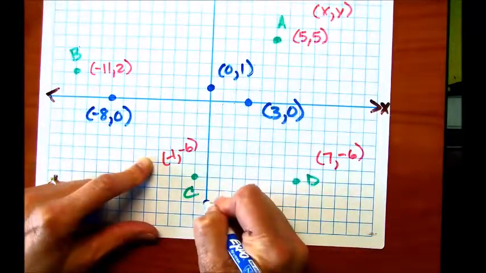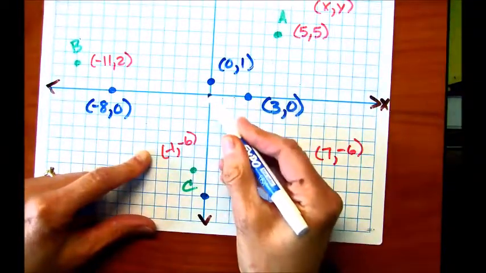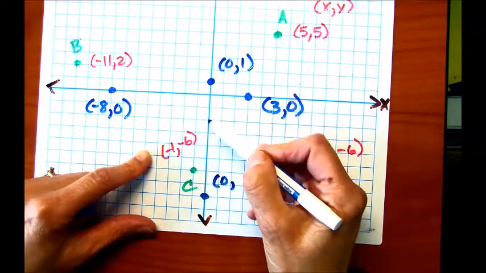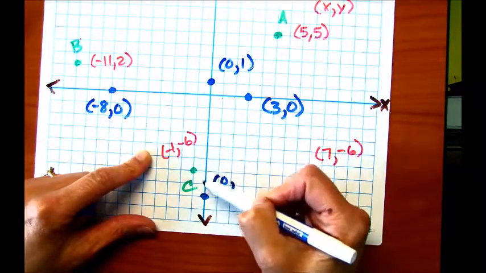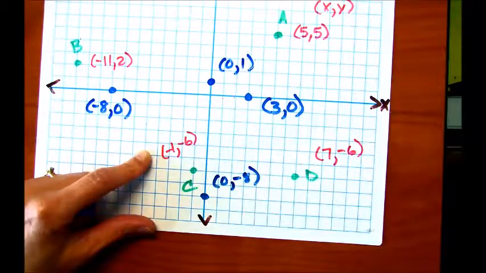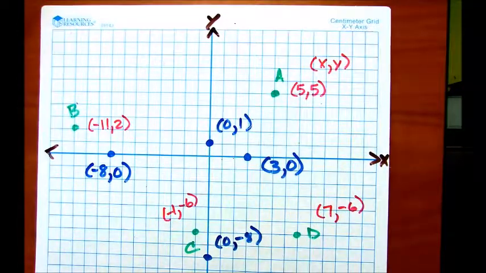I could have another point down here. Again, the x value is going to be 0. 1, 2, 3, 4, 5, 6, 7, 8. -8 would be the y value. So we'll play around with this some more in class, and if you have questions, please ask.